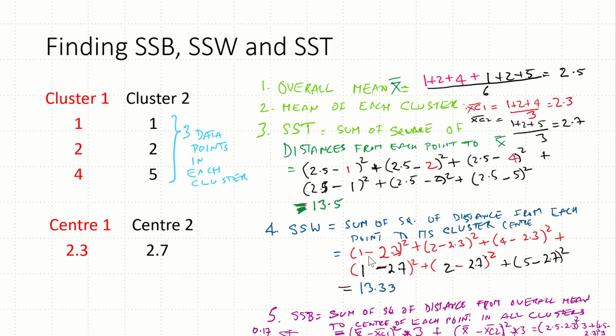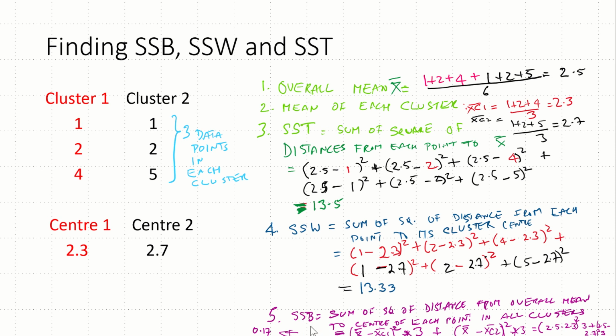So we have 1 minus 2.3 squared, plus 2 minus 2.3 squared, plus 4 minus 2.3 squared, plus, for the second cluster, 1 minus 2.7 squared, plus 2 minus 2.7 squared, plus 5 minus 2.7 squared, which is 13.3. So this is the SSW, the sum of the squares of the distance from each point to its cluster center.